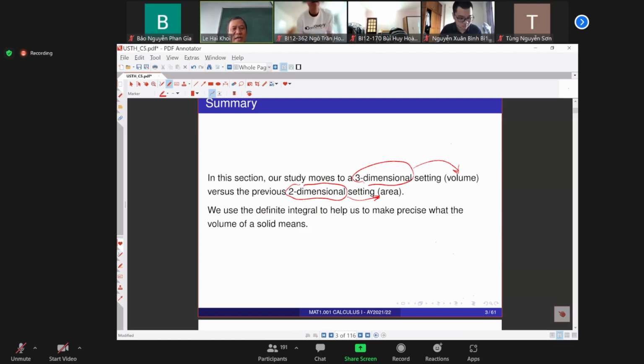Because of that, you will see, as some students already looked at my lecture notes, you may have noticed that besides the first part of this chapter, the other parts I wrote in italic.